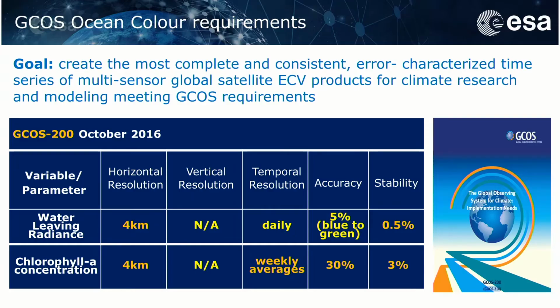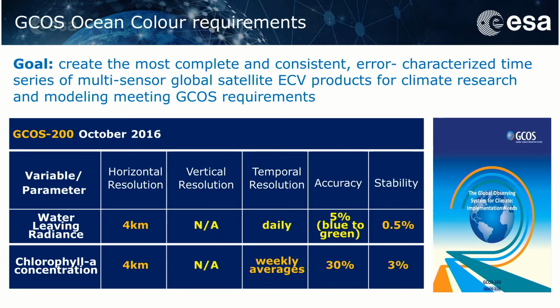Now, for ocean colour, our requirements are a horizontal resolution of 4 kilometres for two different products. We look at water-leaving radiance or remote sensing reflectance. The remote sensing reflectance is just the water-leaving radiance divided by the downwelling irradiance, so they're essentially very similar things, just to avoid any confusion, because I've talked a lot about reflectance earlier. And the second is the chlorophyll concentration, which we talked about yesterday.